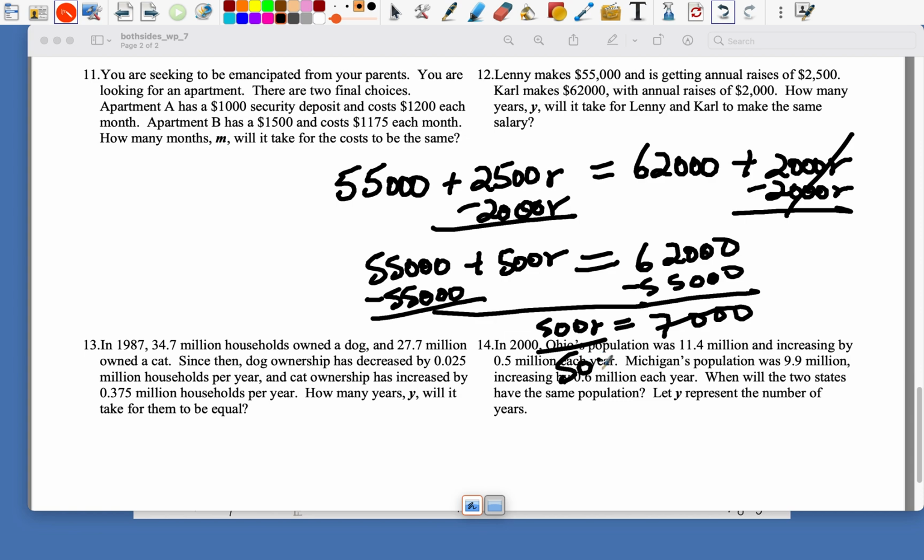Divide both sides by 500. R equals 14. Okay, so after how many years? Oh, I should have used the variable y. So this should have been y, by the way. It takes 14 years for Lanny to catch up to Carl.